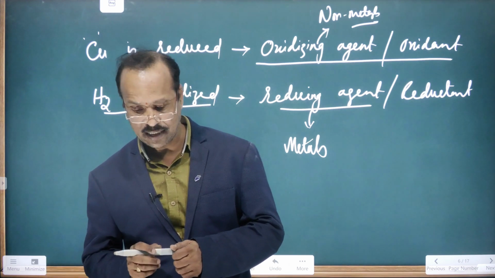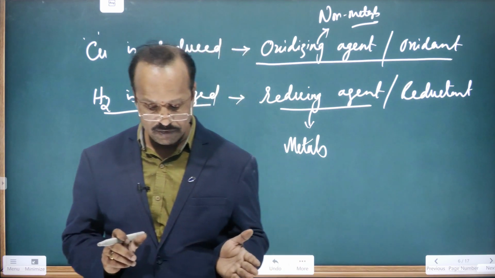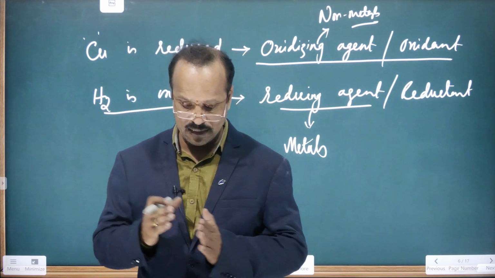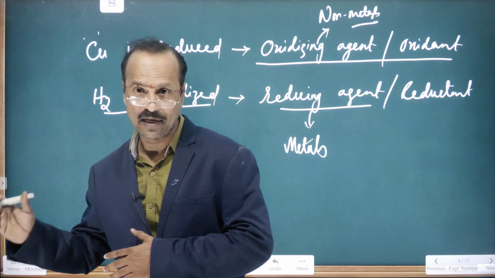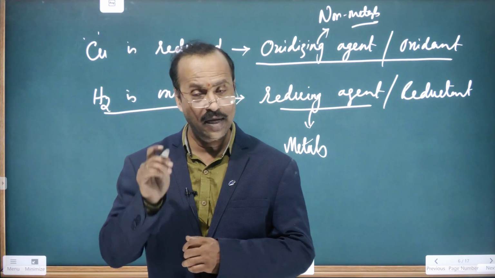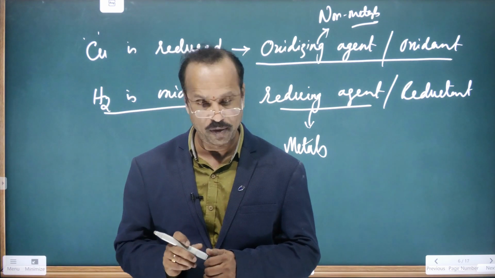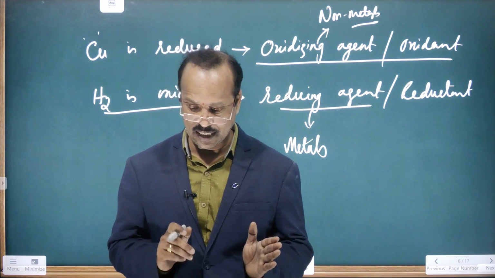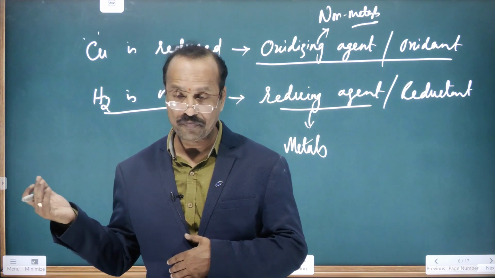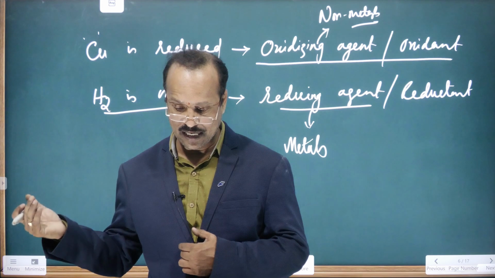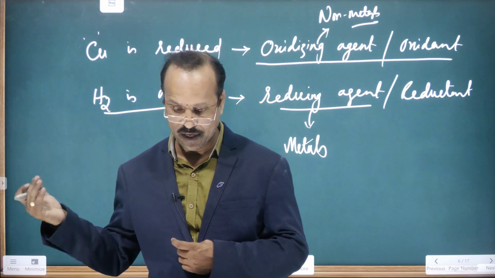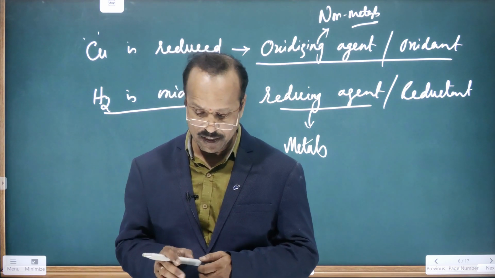In liquids, concentrated nitric acid, sulfuric acid, potassium dichromate, K2Cr2O7, and hydrogen peroxide, H2O2, act as oxidizing agents. Reducing agents are hydrochloric acid, HCl, hydrogen bromide, hydrogen fluoride.